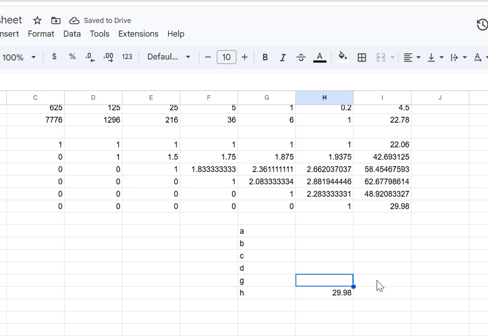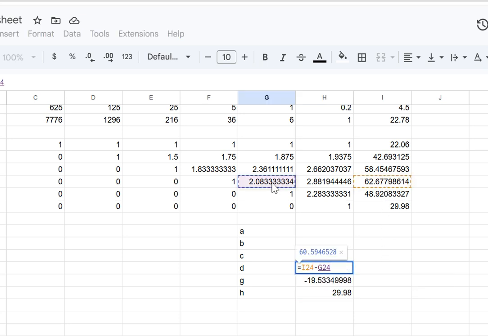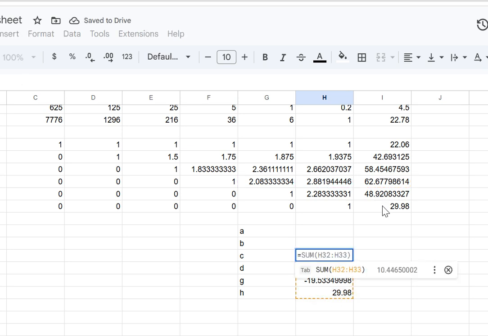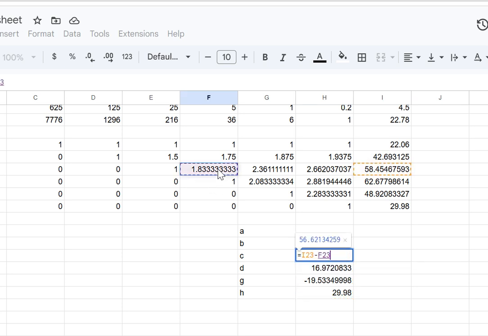Similarly, G is just equal to the solution minus 2.2833331 times H. And D is equal to the solution of D minus this number times G minus this number times H. C is equal to the solution for C, minus this times this, minus this times this, minus this times this.